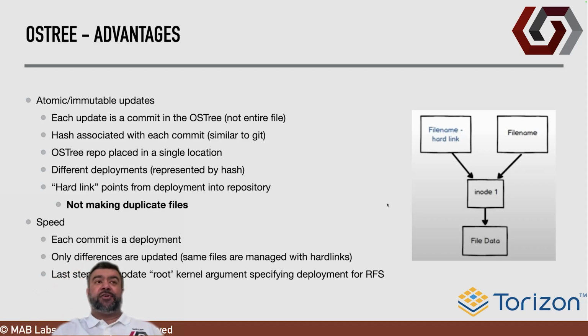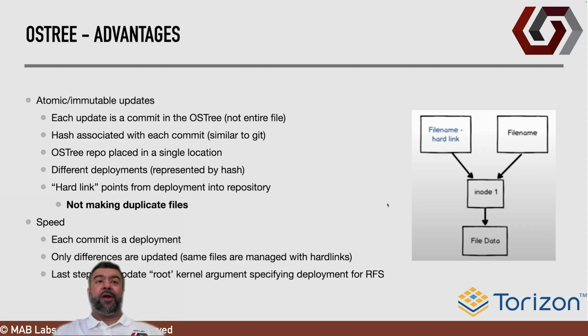There's a hash associated with each commit, again similar to Git. The entire OSTree repository is placed in a single location, so you don't have multiple copies of the same files or file systems on your system. Instead, you have one repository that contains all of your files, and then you have different deployments that are represented by hashes.